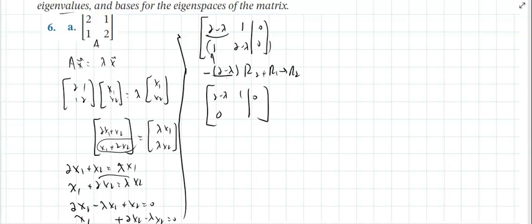And if I take this multiplied by this, let me write it out. I'll get negative 2 plus lambda for this piece. And here I'll get negative 2 minus lambda squared, yeah? And that's a 0. If I add it to 2 minus lambda, 1 and 0, I'll get 0, 1 minus 2 minus lambda squared, and a 0.